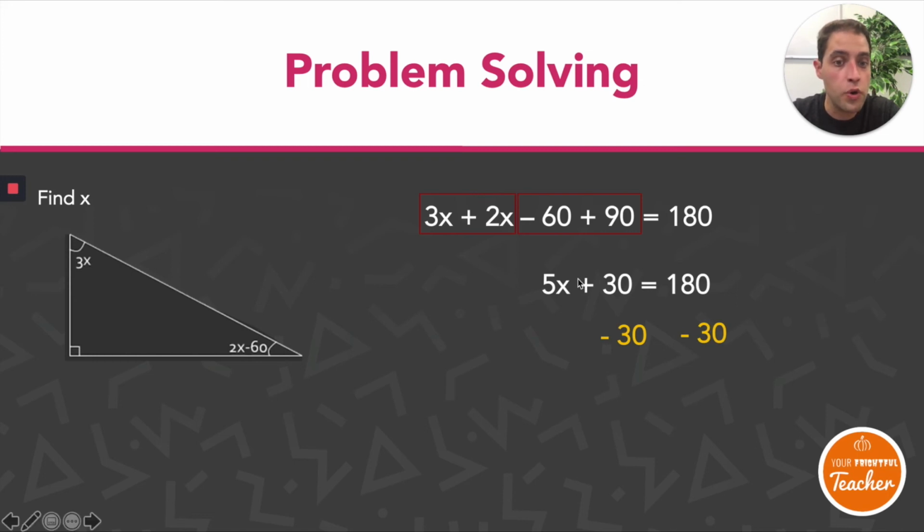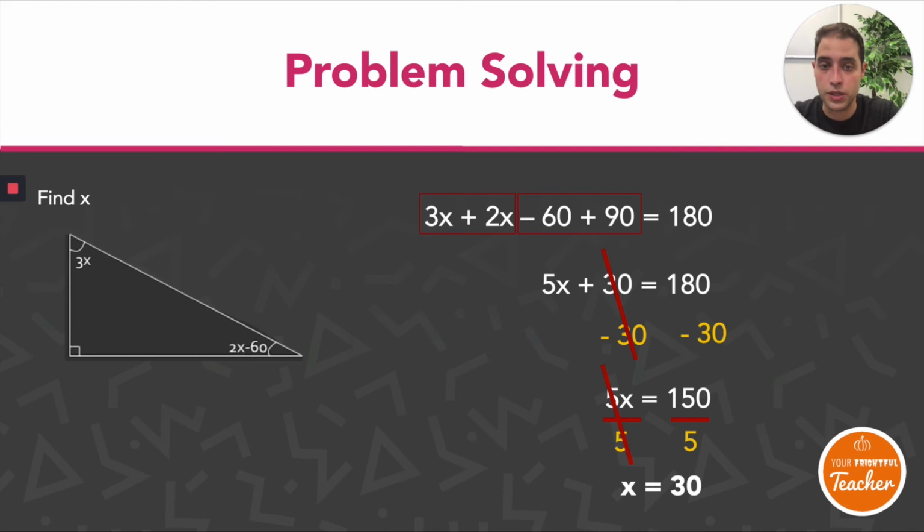And then I want to remove this 30 to leave the 5x by itself. So whatever I do here, I have to do on the other side. So minus 30, minus 30 cancels out, gives me 5x equals 50. So what is x? Well, I need to divide it by 5 then. So I divide it by 5, x equals 10. Show your workings out, simplify where you can, break it down, get those extra marks.